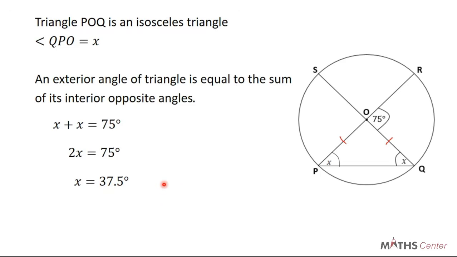Usually, one method will give you the answer faster than another method. Because you are dealing with time in an examination, you usually want the method that is faster. That is why in this video, I use the methods that are faster. But if you are not conversant with it, you can also try other methods and, using the properties that you've learned, see that you arrive at the same answer.